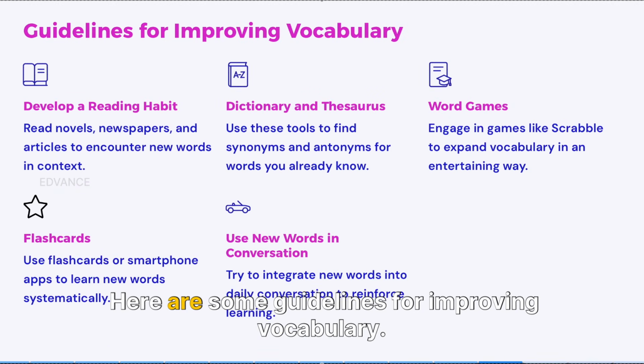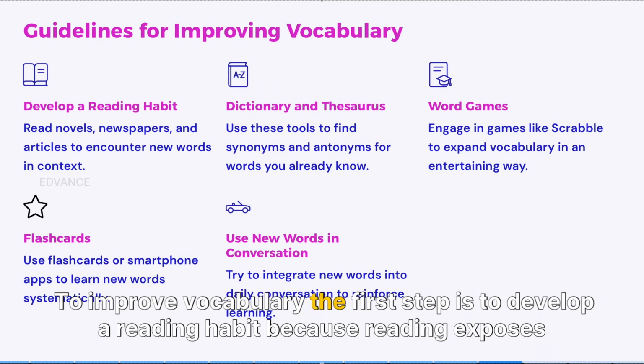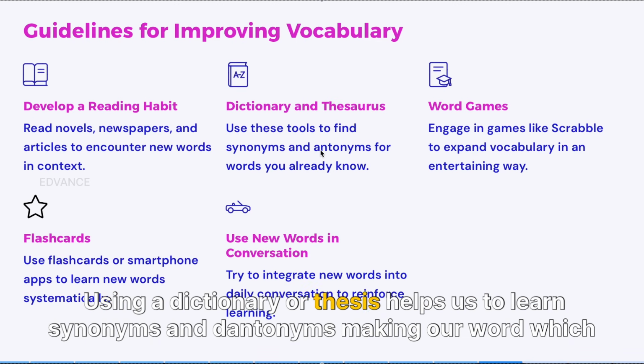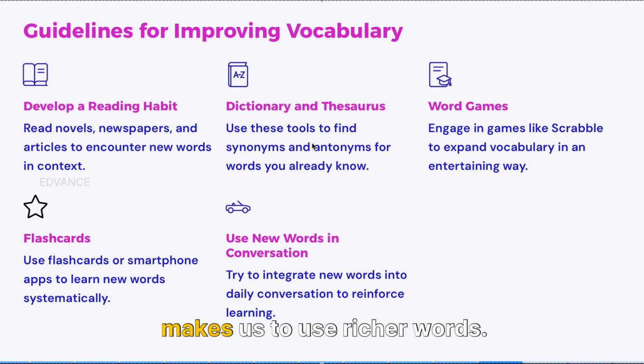Here are some guidelines for improving vocabulary. To improve vocabulary, the first step is to develop a reading habit, because reading exposes us to new words in real context. Using a dictionary or thesaurus helps us to learn synonyms and antonyms, which makes us use richer words.